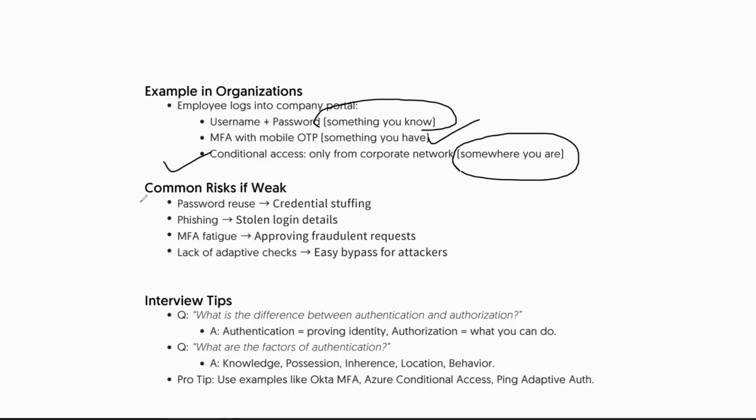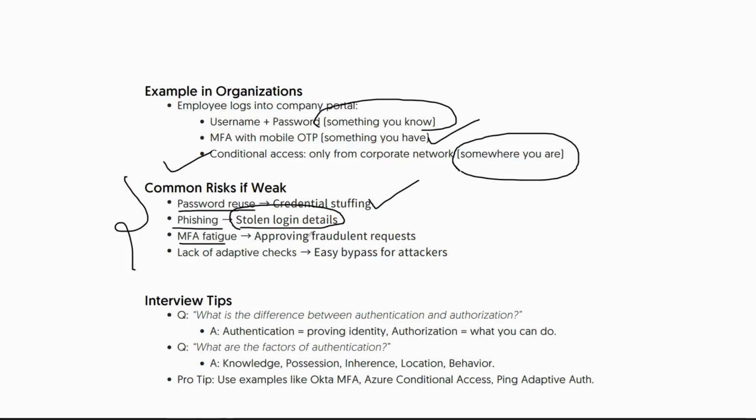Okay, let's talk about common risks if these authentication systems are weak. I did discuss initially credential stuffing, where you're reusing the same password again and again, because of phishing, stolen login details, and MFA fatigue, where constantly MFA will be sent to your phone, or sometimes it could be very infrequent.